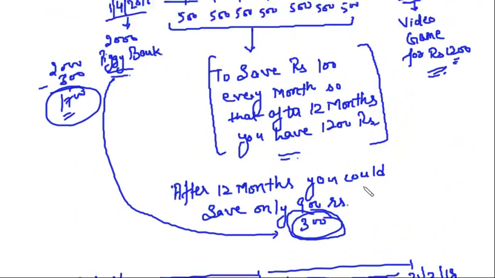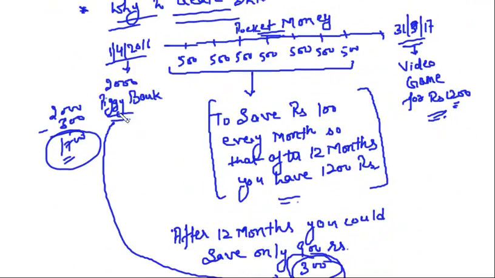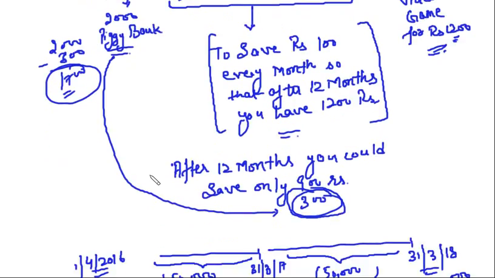So initially, what was your thought? Initially, you never wanted to break your piggy bank and take money out of it. It was your hard-earned savings, isn't it? You never intended to break the piggy bank, but somehow you couldn't accumulate the money, so you have to break the piggy bank.